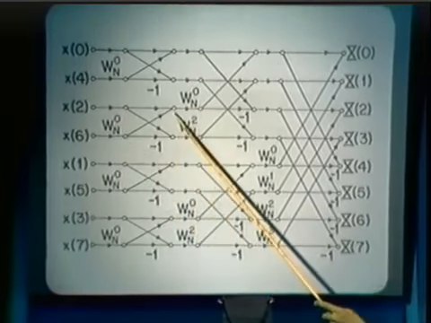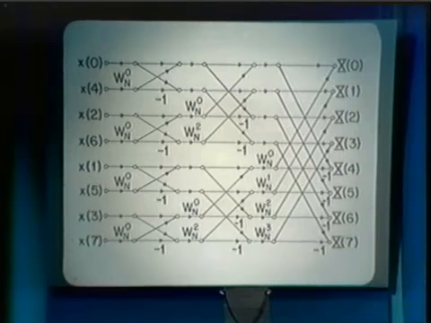Now, this is a flow graph representing the computation of the discrete Fourier transform. And what is important about the flow graph are the nodes and the connections between the nodes and the transmittances on the branches that connect the nodes together. However, the flow graph in the form that it's depicted here, in fact, suggests a strategy for organizing the computation of the DFT.